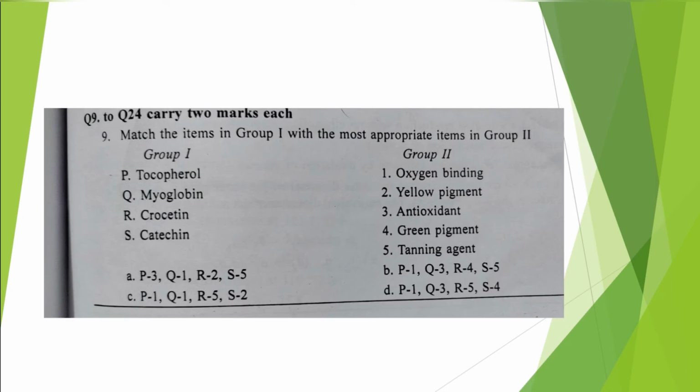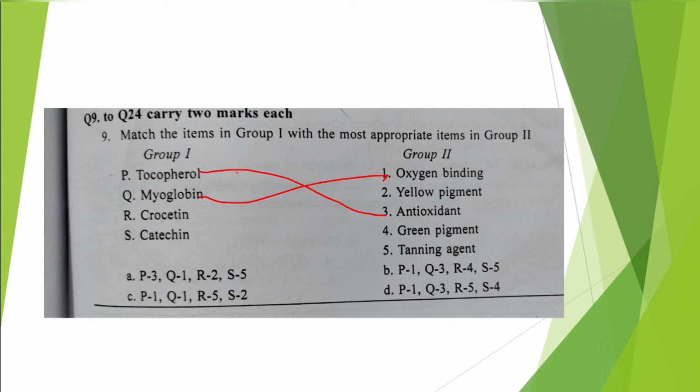Next, match the following. Group one starts with tocopherol. Let us check if there is any combination of tocopherol in group 2. Tocopherol is an antioxidant. Next, myoglobin: we all know that myoglobin is an oxygen binding protein.